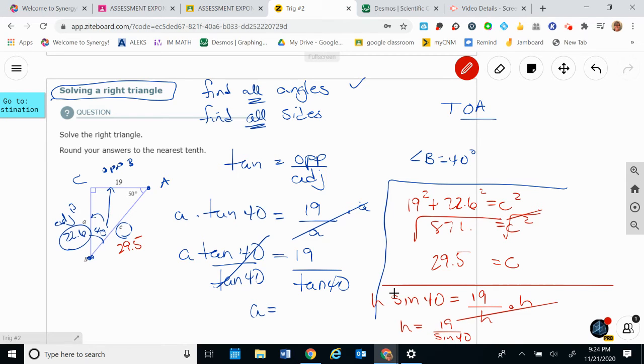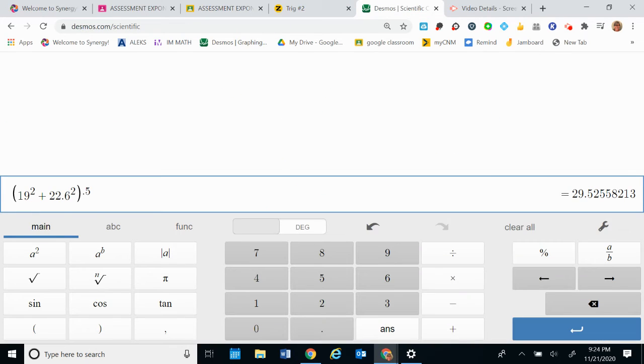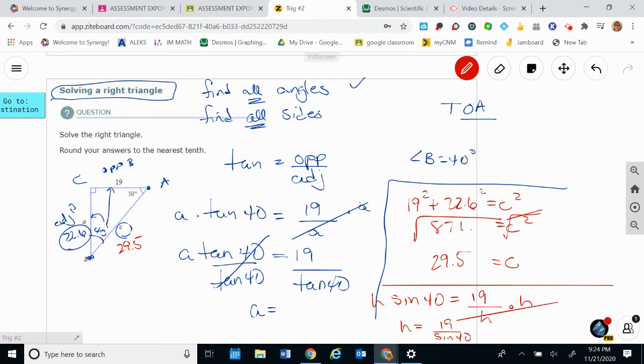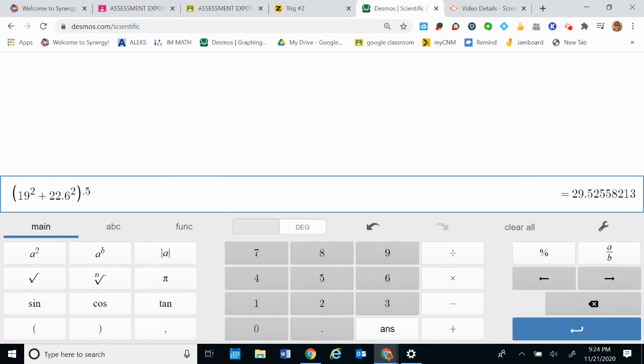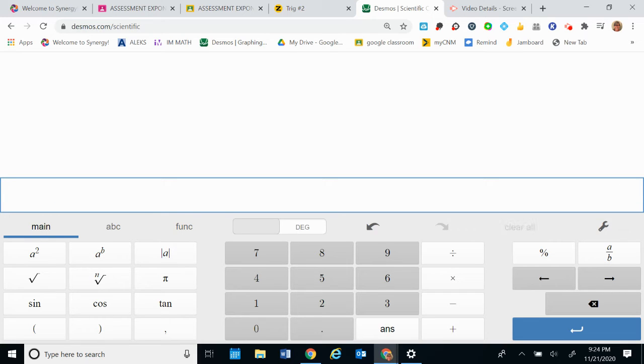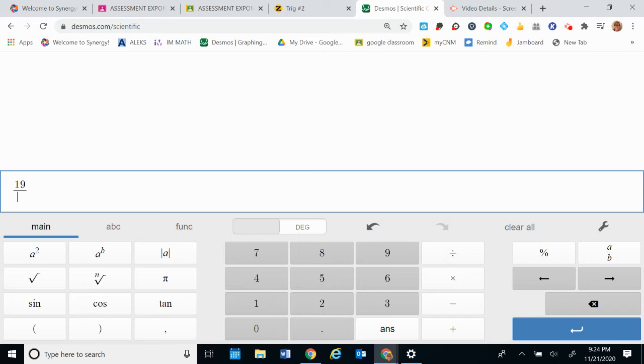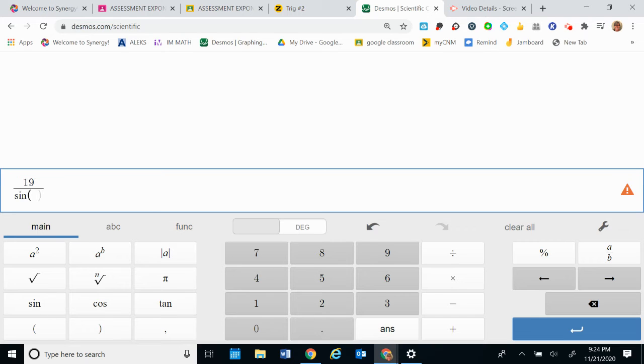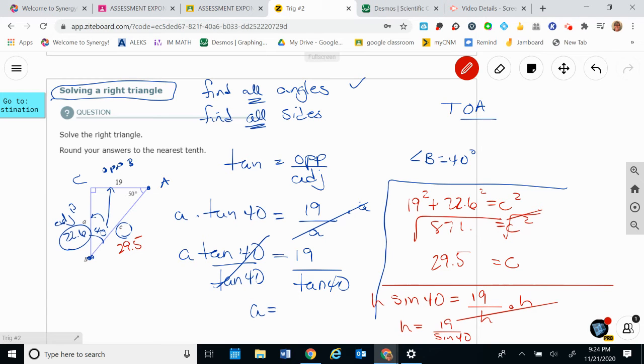If we go to Desmos and put in 19 divided by sine of 40, you get 29.6 when I round it off, and that's an important thing. Notice that using the Pythagorean theorem I got 29.5, and this one I got 29.6.